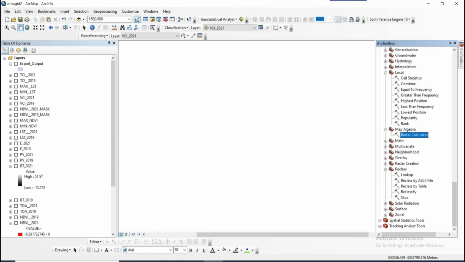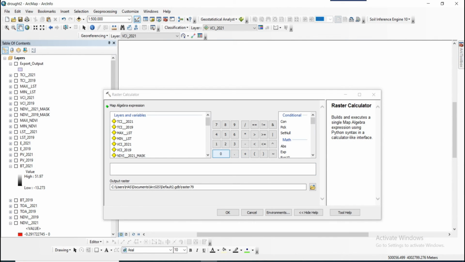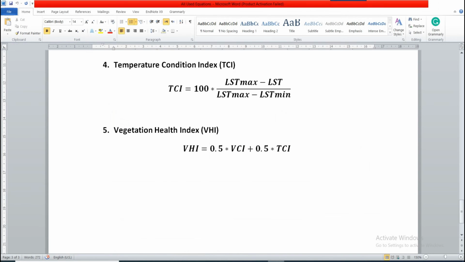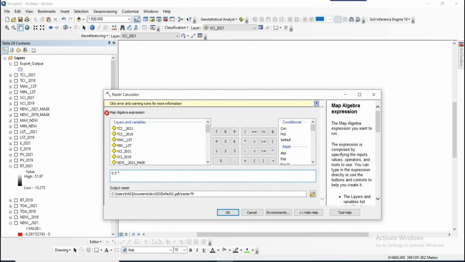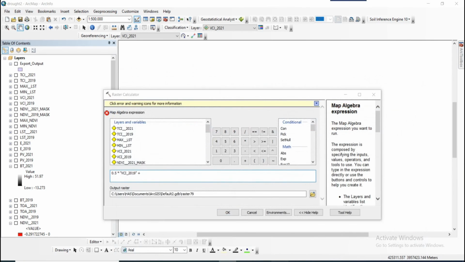We will use raster calculator. 0.5 multiplied by VCI of 2019 plus 0.5 multiplied by TCI.